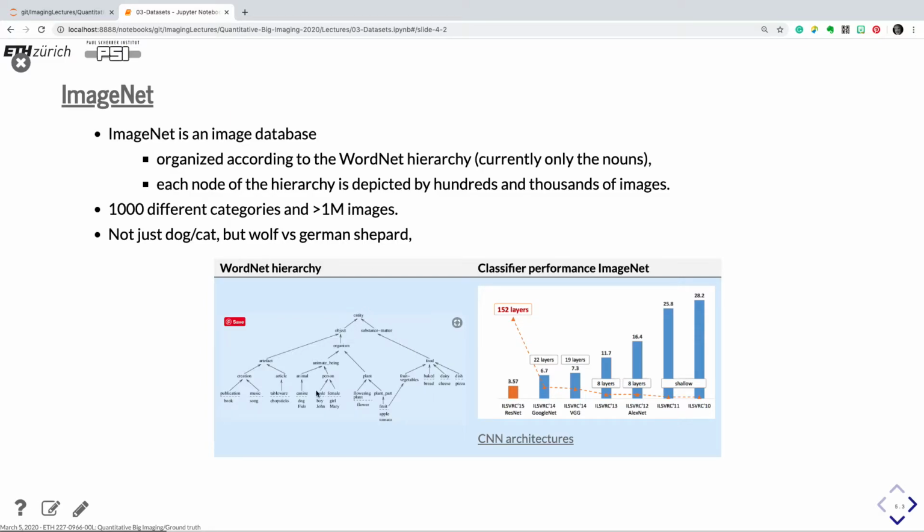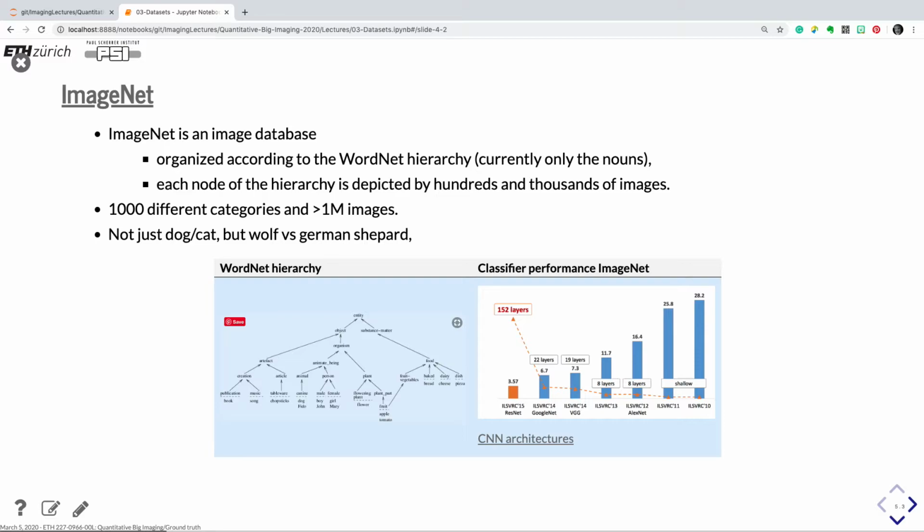You can see this tree structure, maybe not on this screen, but if you look closer on the slides, you can see that we have entity, then objects, and substance, matter, and then we split it out in a tree structure, and you can take every subtree that is relevant to you. In ImageNet, it's the same way. So, for example, you would have beings, then you can have animals and people, and then you split it down into more and more detailed categories.